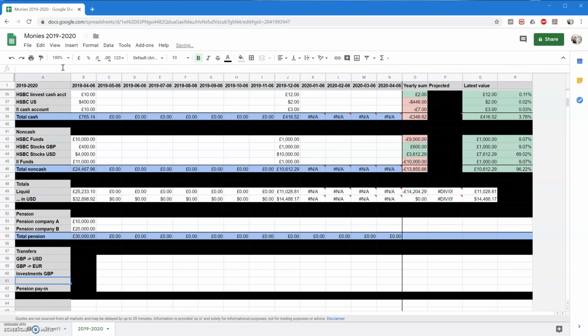Investments in pounds, in dollars. So maybe here we buy and here we sell. And that's how I would do investments. The total sum here makes sense.